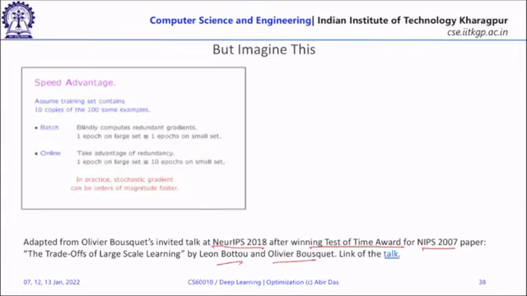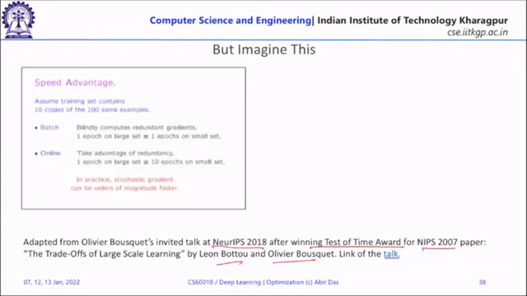What is the Test of Time award? At that time, probably the paper was not well understood, or the significance of it was not well received by the community. But after some time, people started to look into it and found its significance. Such papers get the Test of Time award.